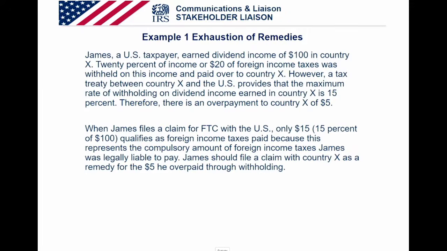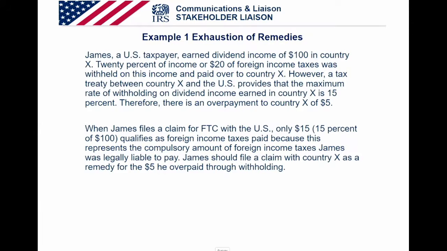Therefore, there is an overpayment to country X of $5. When James files a claim for FTC with the U.S., only $15 or 15% of $100 qualifies as foreign income taxes paid because this represents the compulsory amount of foreign income taxes James was legally liable to pay. James should file a claim with country X as a remedy for the $5 he overpaid through withholding.